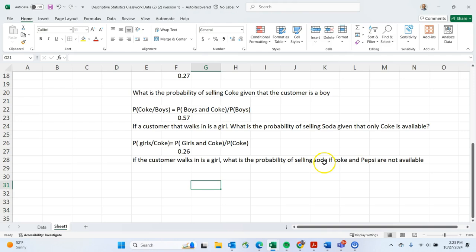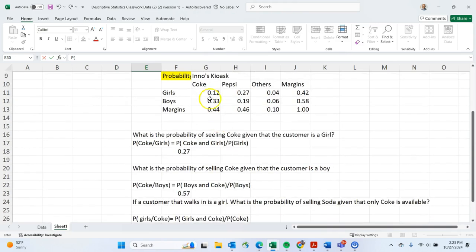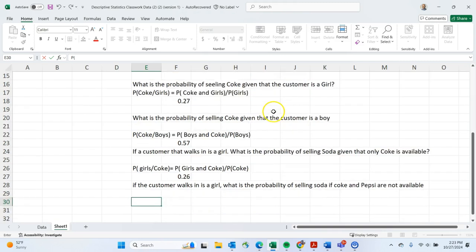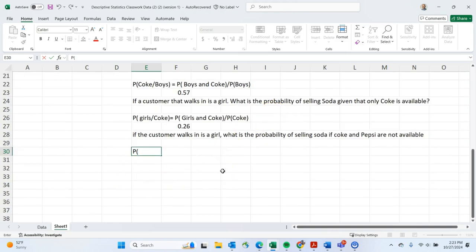What is the probability of selling soda if Coke and Pepsi are not available? Sorry, not ginger this time, we are considering Pepsi. So that means we have other types of soda. We can write this as a probability, and first of all we have to determine the condition. The condition is that Pepsi and Coke are not available, and the probability of having other sodas will be 0.1.